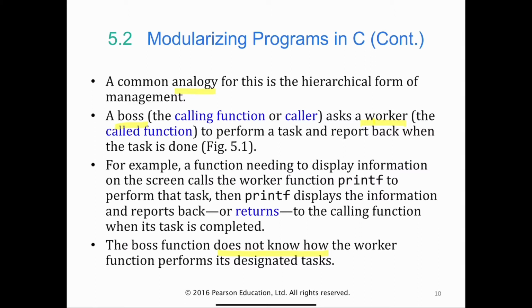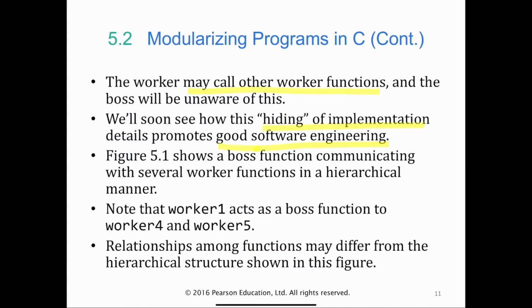And then the boss can use the work product from all of those workers to perform or finish the overall task. And those workers may in turn call other workers, put other people to work, right? It's not only a simple hierarchy in offices. People have other people working for them, and those people may have other people working for them.